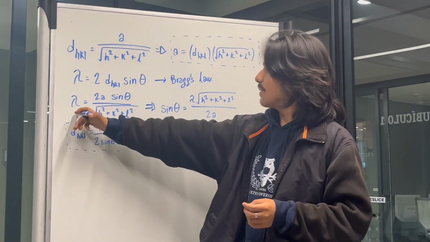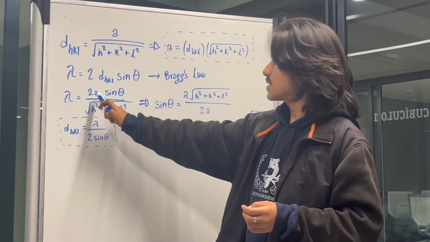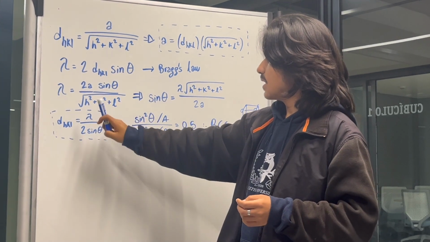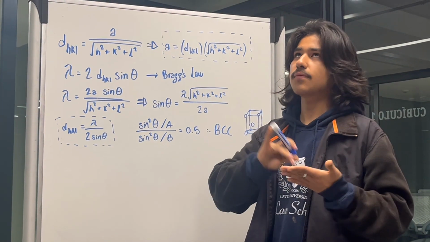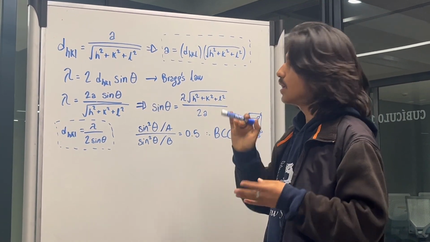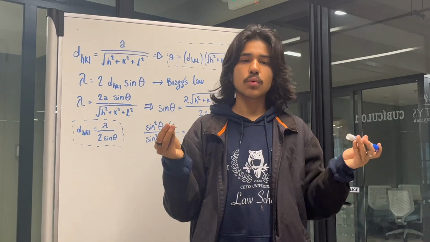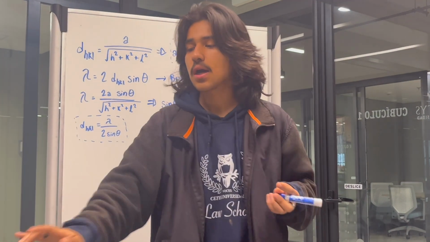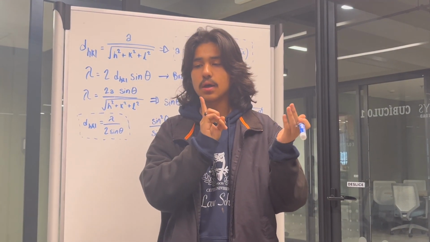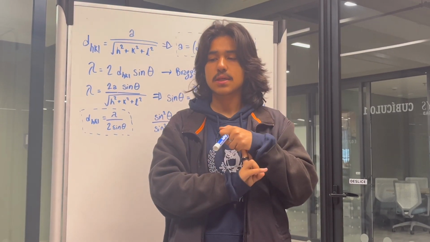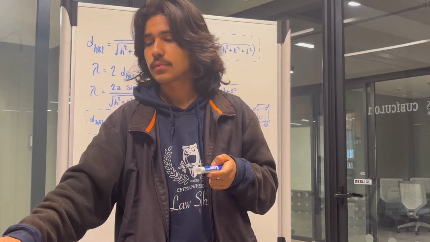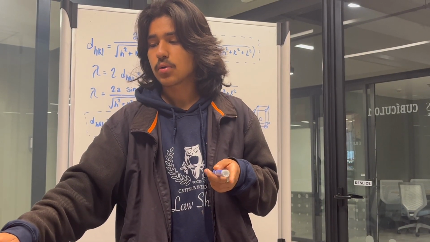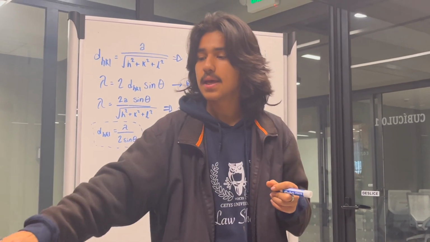So now we have that lambda is also equal to 2 times the lattice constant, multiplying the sine of theta, divided by the magnitude of the coordinates, and when we solve for the sine of theta, we get this formula. But what we're actually going to use, since Vesta gives us the peaks, it gives us 2 theta, and it also gives us the coordinates of the crystallographic planes passing through each of the peaks.